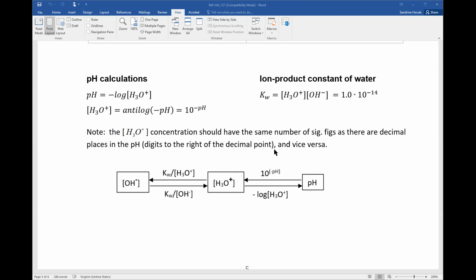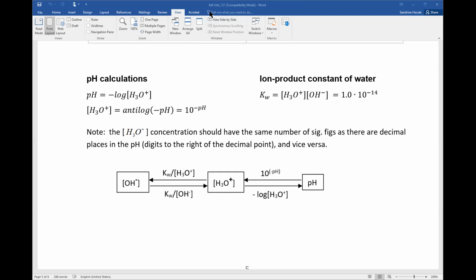So for example, a concentration with 2 significant figures, for example, 2.2 times 10 to the negative 3, would give a pH with 2 decimals. I'm completely making this up, but maybe 3.22, right? You need 2 decimals if you have 2 sig figs, and vice versa. So this is a special rule, and it's reminded here, so if you forgot, it's there.